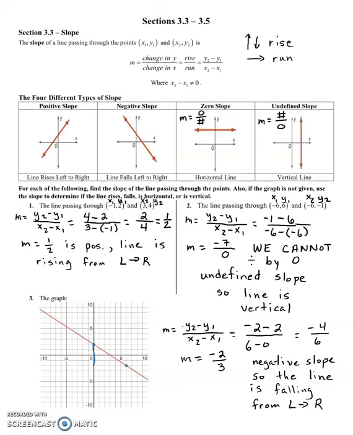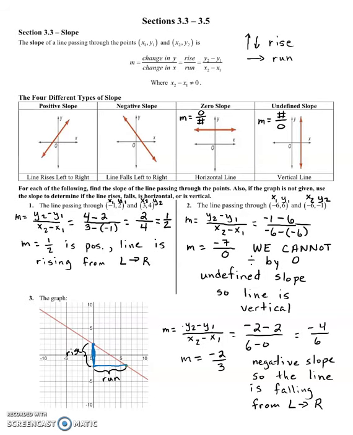So we make this side and we make the horizontal side. Now, this distance, the vertical side, this is our rise. And the horizontal side is our run.